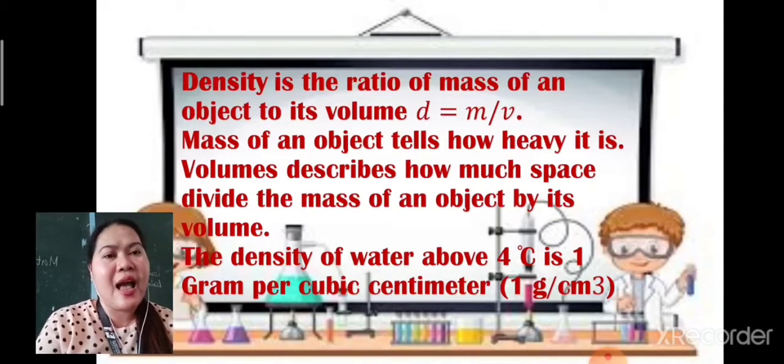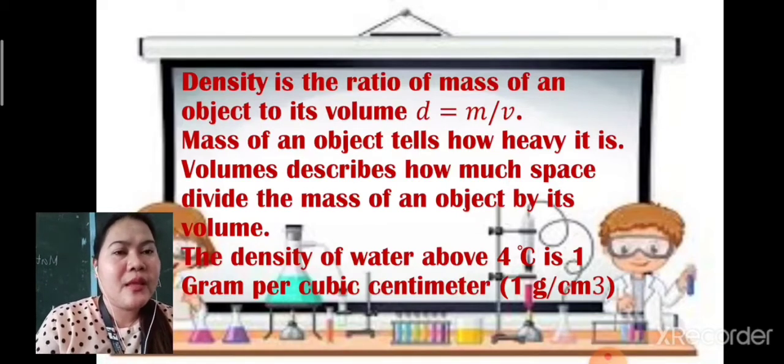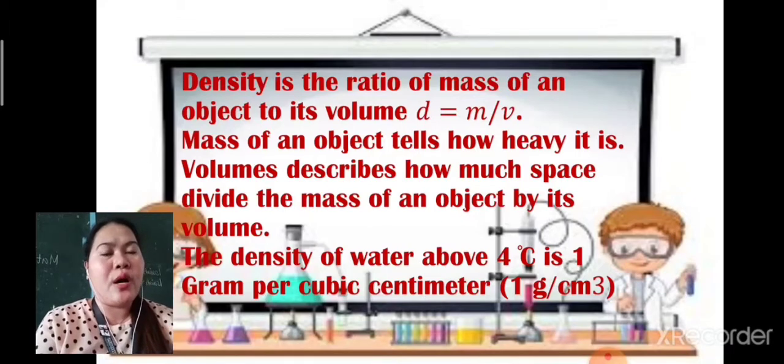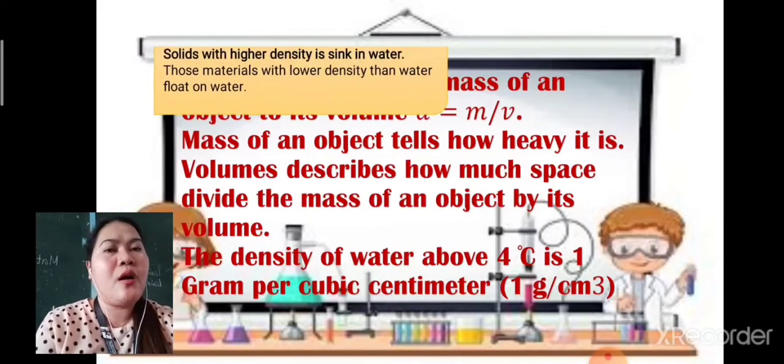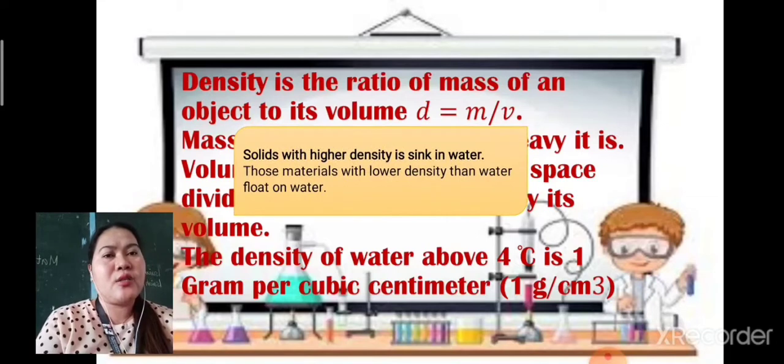Okay, naintindihan? We have the density of water at 4 degrees Celsius, which is 1 gram per cubic centimeter. Always remember, a solid with high density will sink in water. Those materials with lower density than water will float.